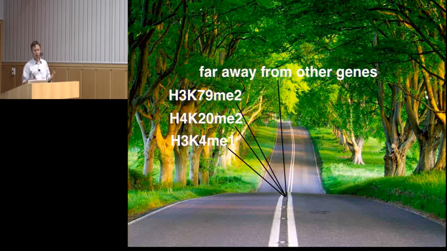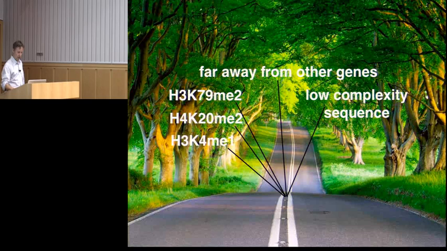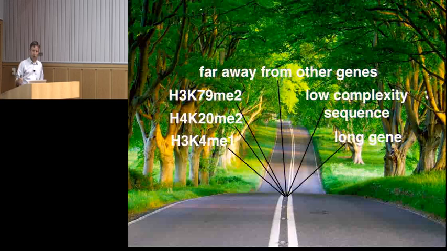So there's probably some less competition for ribonucleotides, other things that make a gene faster if it's sitting by itself. Also, features of the sequence itself would increase elongation rate. So low complexity was correlated to fast elongation. And finally, if the gene was very long, that tended to make it a little faster.